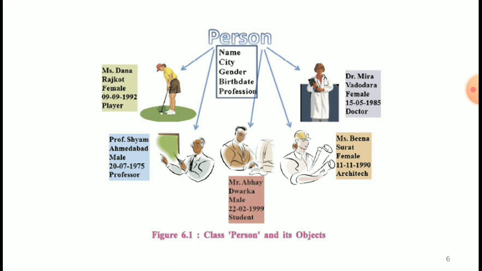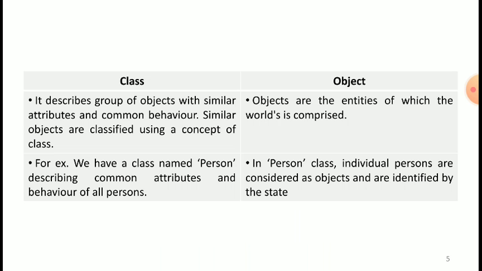So that is very important, object and class. So I will also repeat what a class is and what an object is. A class describes a group of objects with similar attributes and common behaviors, and similar objects are classified using the concept of a class.